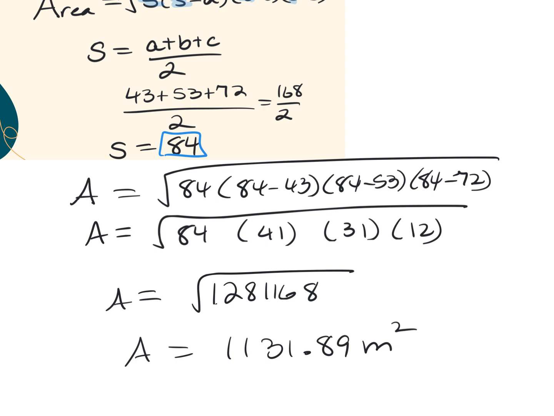In yesterday's notes, remember you were given the area formula when you were given a side angle side scenario. So yesterday's formula was for side angle side. Today's formula is for side, side, side. Now, as you saw in yesterday's homework, that last question, you were given 2 angles and a side.